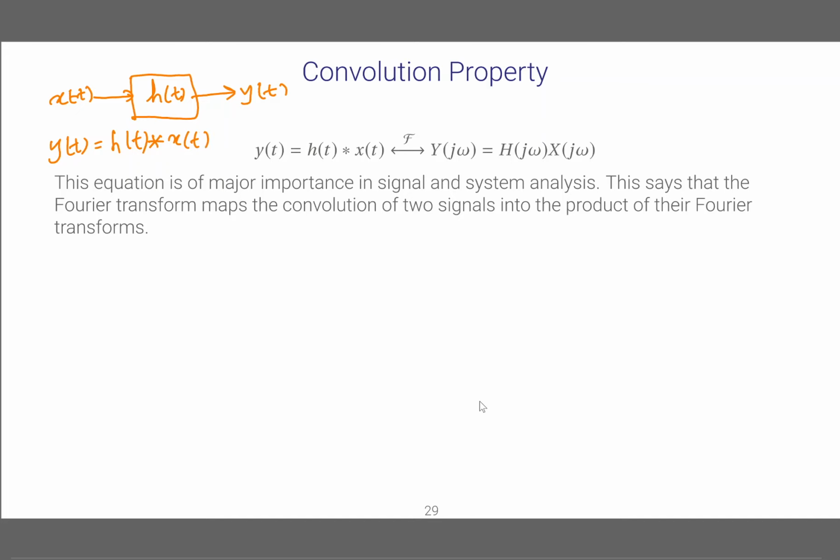Assume that this is a linear time invariant system. If you take the Fourier transform of y(t), that is Y(j omega), it turns out that it's a product of the Fourier transform of the impulse response h(t) and the Fourier transform of x(t). This is a very important relationship and we must all remember this. This equation is of major importance in signals and systems. This says that the Fourier transform maps the convolution of two signals into the product of the Fourier transforms.